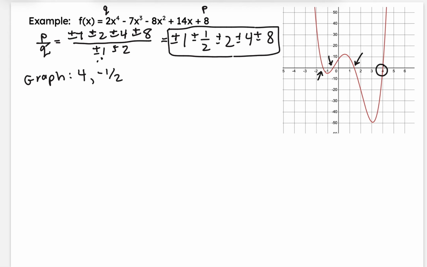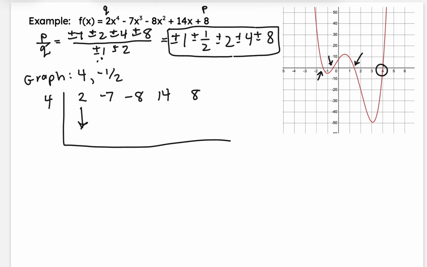Step 3 is we're going to do synthetic division. So we're going to set up our original function. So we have 2, -7, -8, 14, and 8. This time, instead of using what makes the factor equal to 0, we're actually using the zero, so we don't have to change the sign. I'm going to start with 4, and I'm going to put 4 there, and then we're going to do our synthetic division.